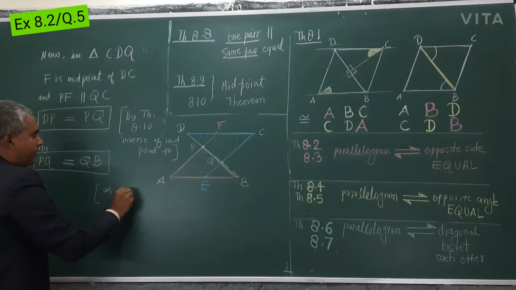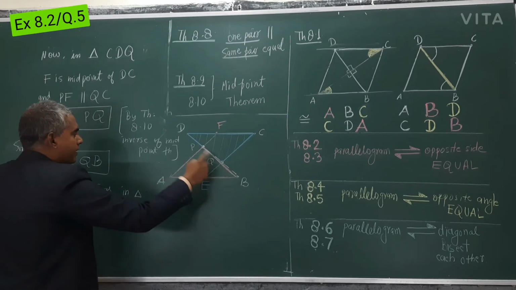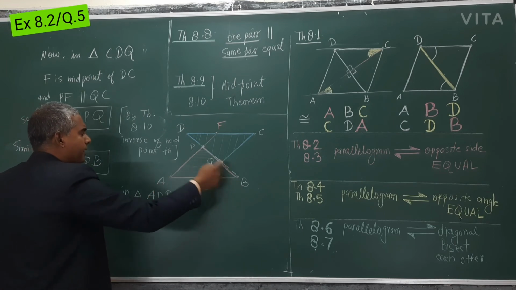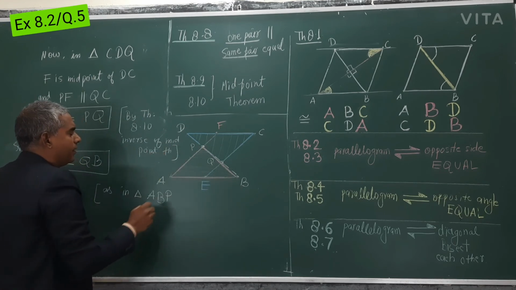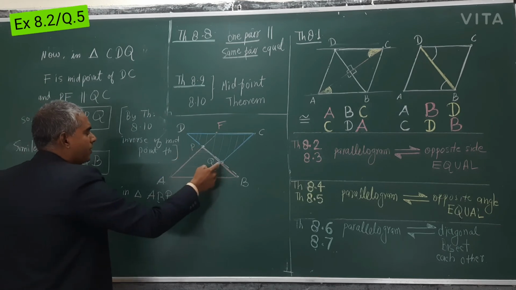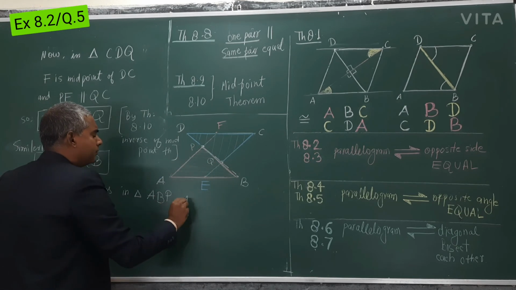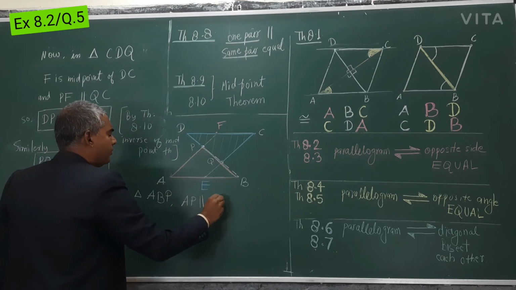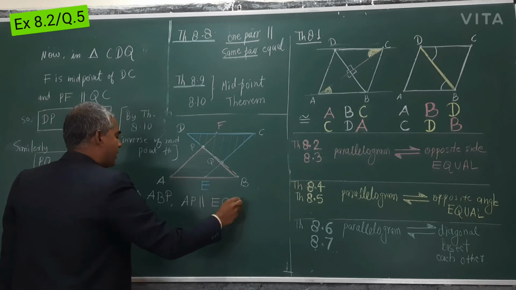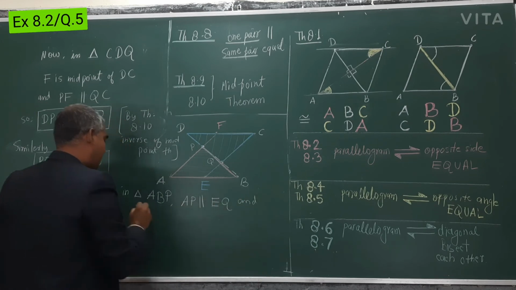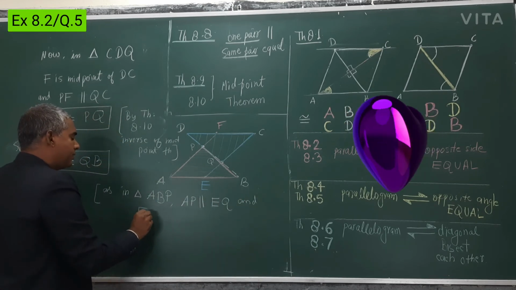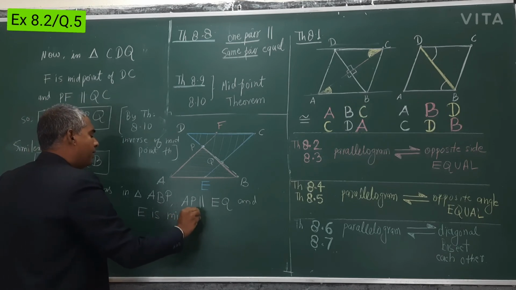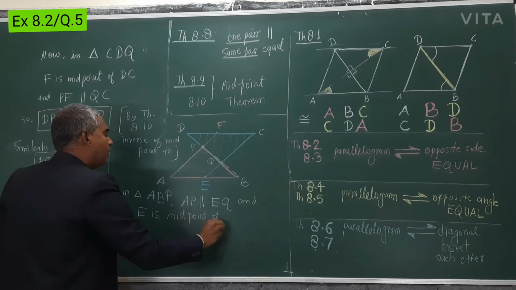As in triangle ABP, AP is parallel to EQ, and E is the midpoint of AB.